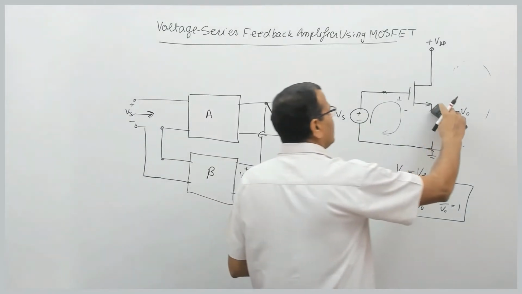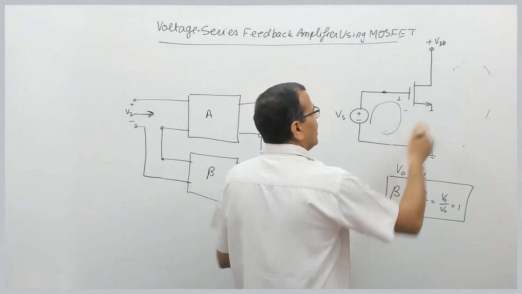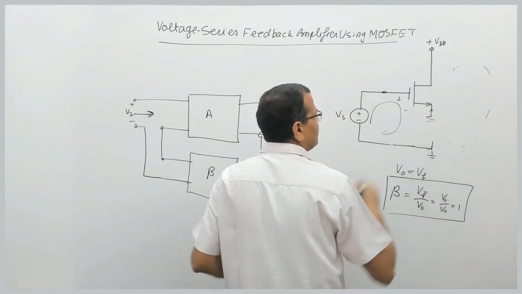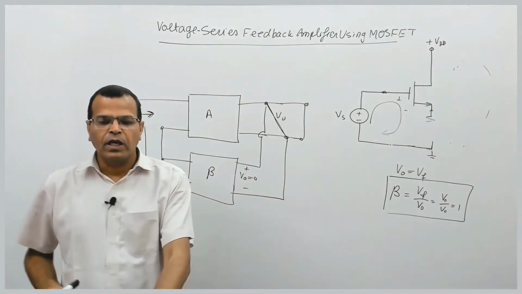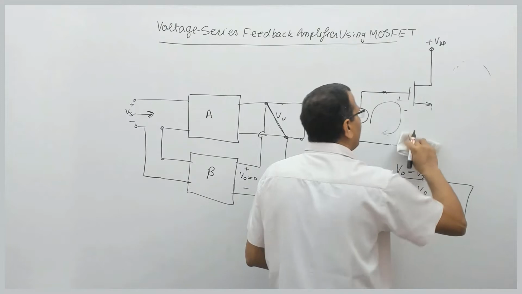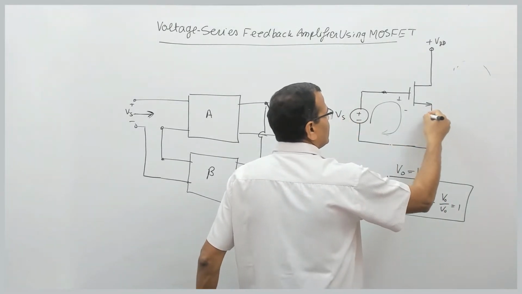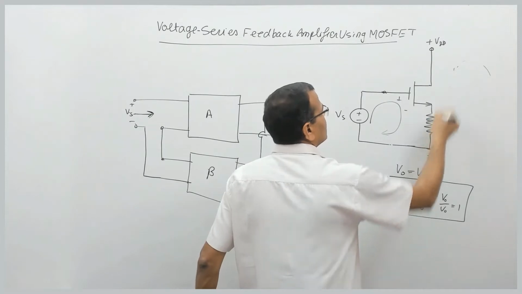What is the output circuit? I'll redraw it like this. The output circuit is the circuit involving the drain and source terminals. This is the output circuit.